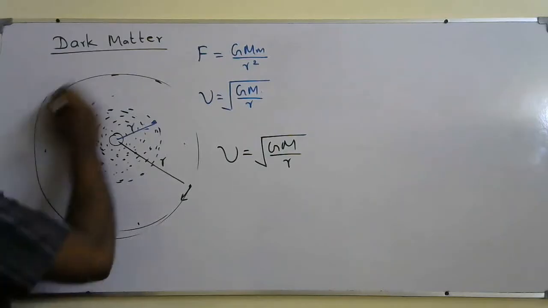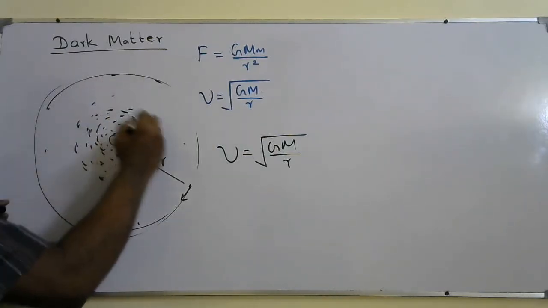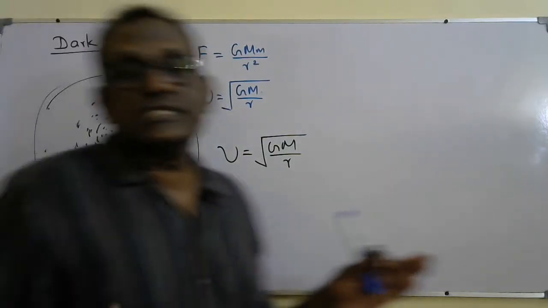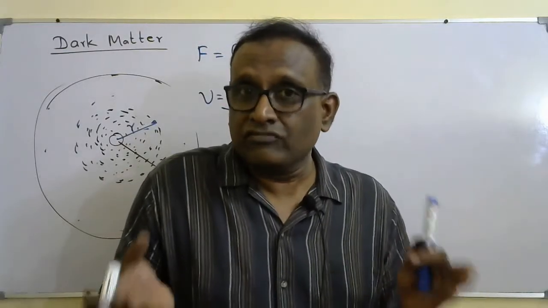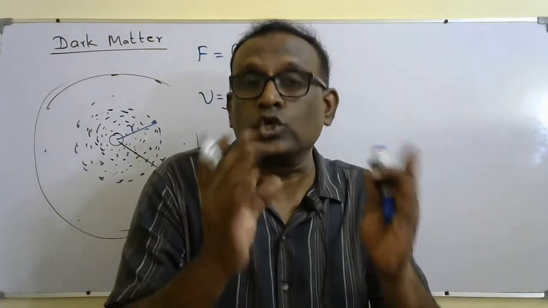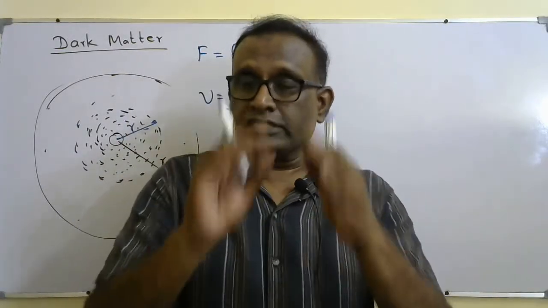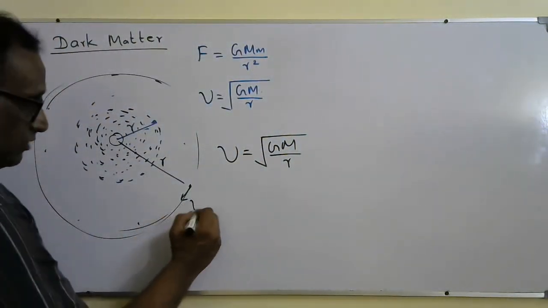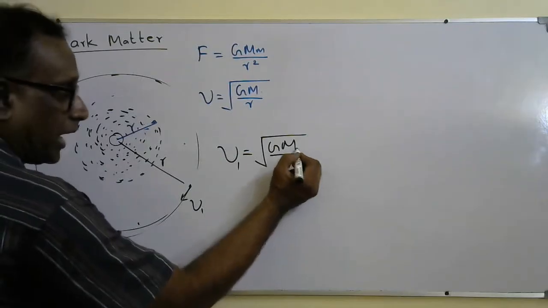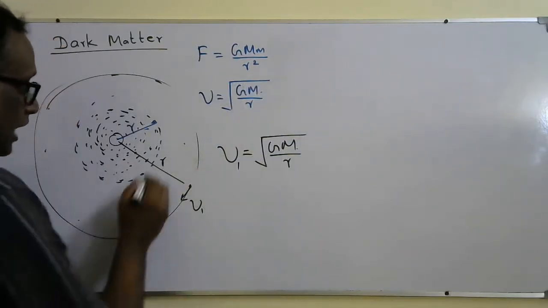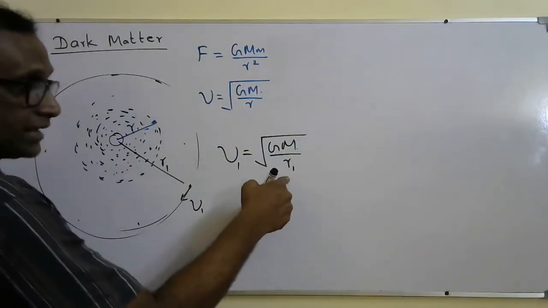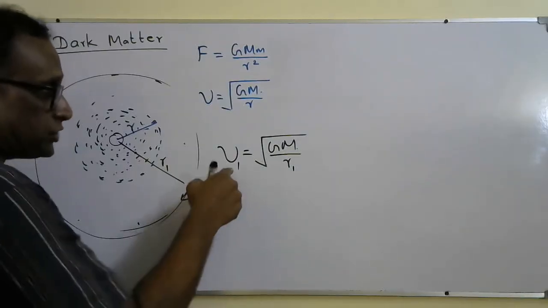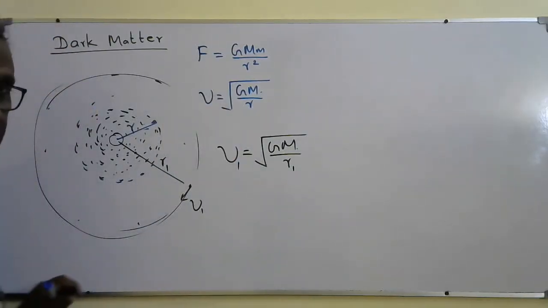The mass enclosed within this sphere or this sphere should be almost the same, because most of the visible stars are concentrated closer to the center of the galaxy. So for this speed v1, the mass is the same but the distance r1 is larger, so this star should have lower speed.